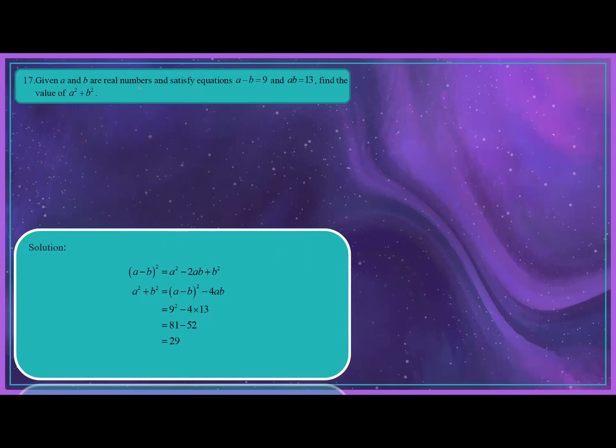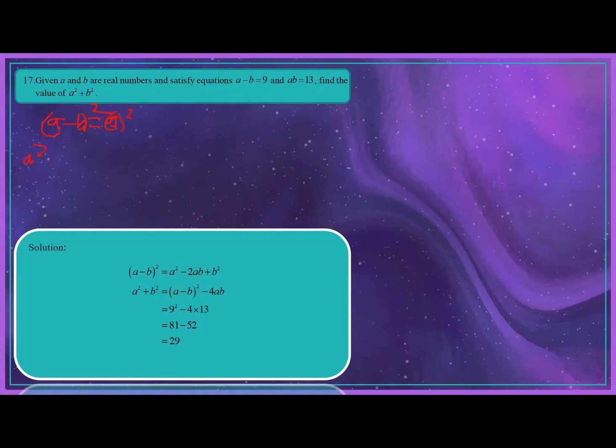Given a and b are real numbers and satisfy equations a minus b equals 9 and ab equals 13, find the value of a squared plus b squared. So you have a minus b equals 9. You square both sides.